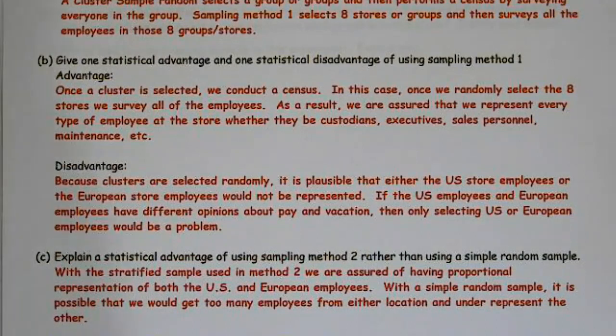Well, the advantage of the stratified is that we are assured of having proportional representation of both the US and European employees. With a simple random sample, it's possible that we'd get too many employees from either location and underrepresent the other. You could have said it's possible that we'd get only US employees or only European and not represent the other, and that would be fine as well. And that would be part C.